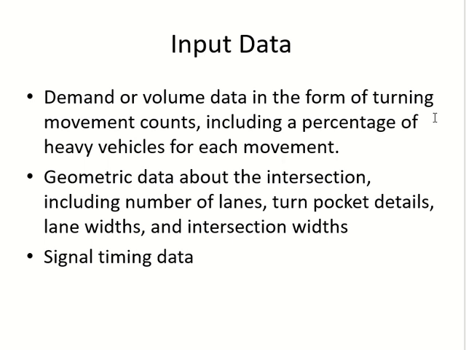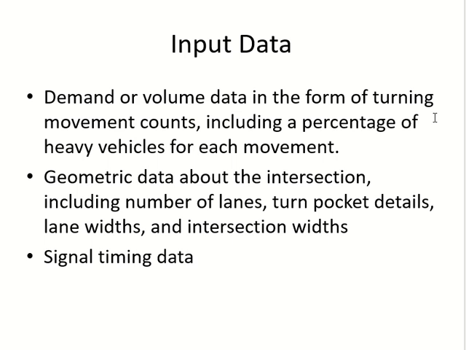What is the input data we need for level of service of a signal? Basically we need volume or demand, and it should be for each turning movement. For each movement we should have a different value. You cannot tell me, okay, volume on this highway is 4,000. It's not enough to know the total.